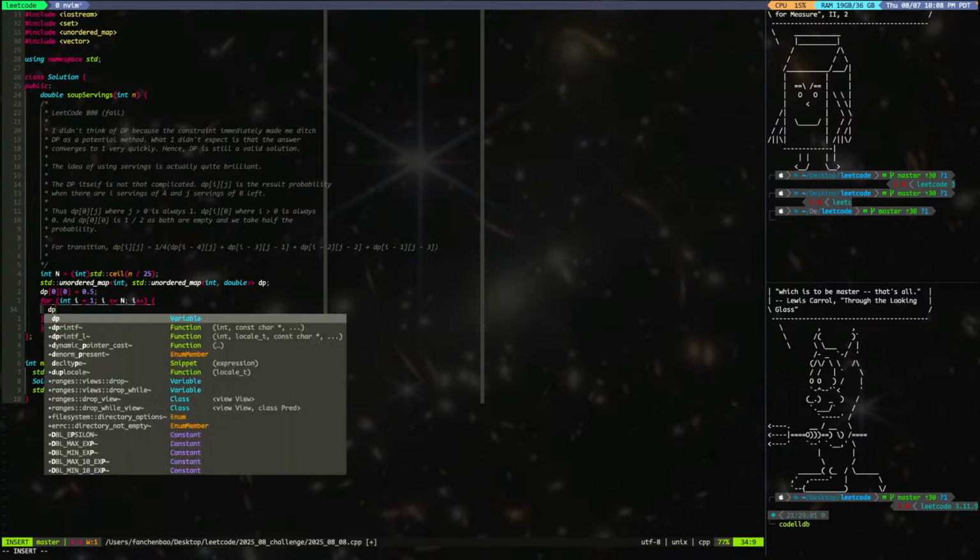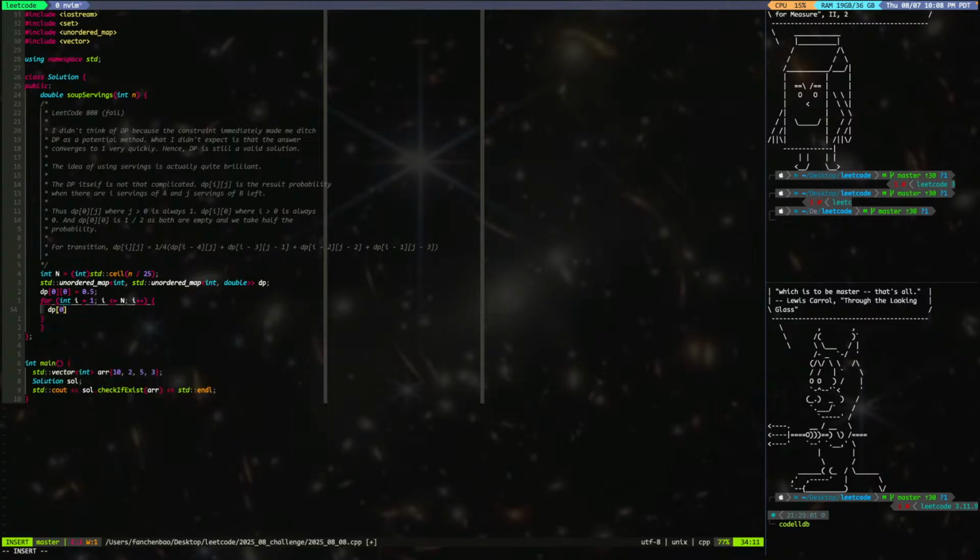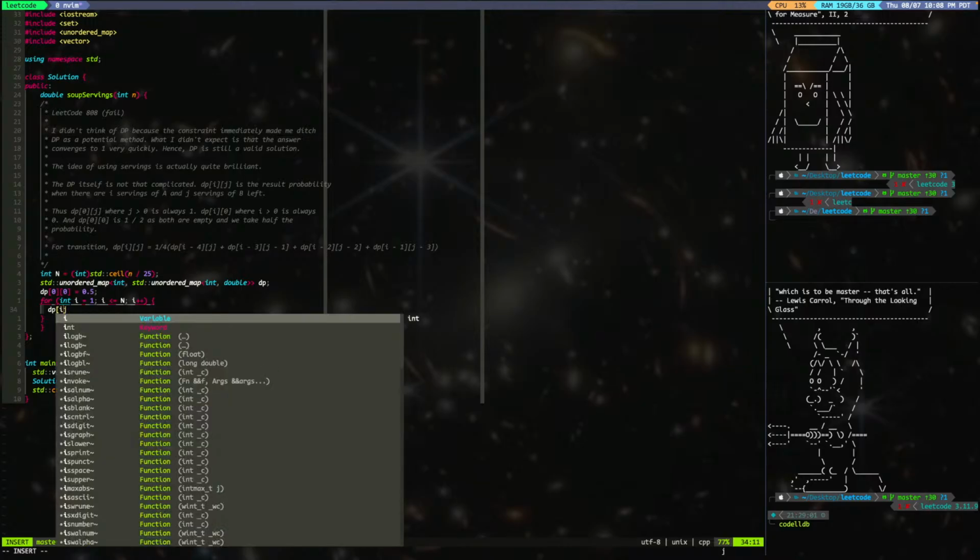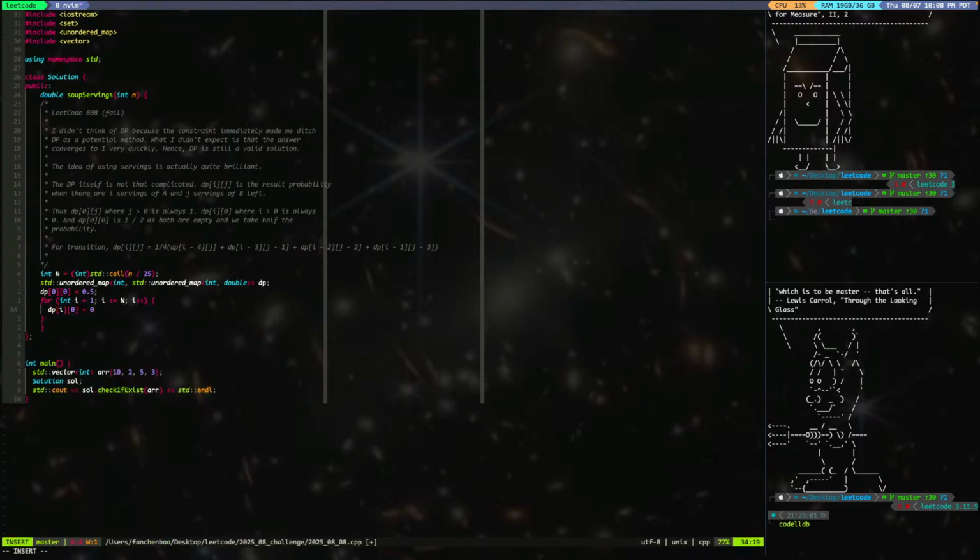So we can say dp0, no, dp[I][0] equal to 0, which is fine, because we define it as going to be 0. But no, just yeah, just do this, right?